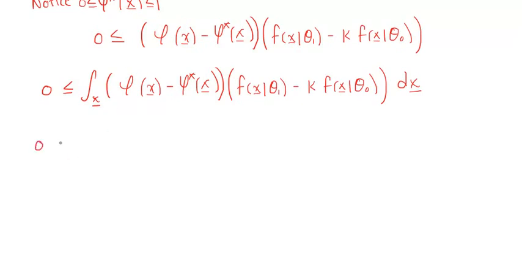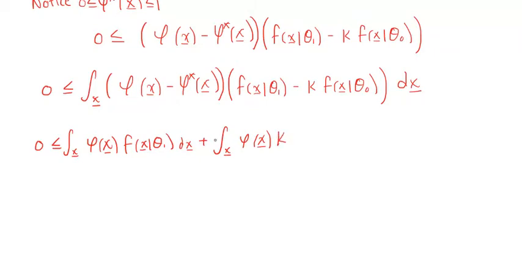We can expand this integral out to see the integral over x of phi of x times f of x given theta 1 dx, plus the integral over x of phi of x times k, so this would be a minus sign, f of x given theta naught dx, and then we would distribute again, negative integral over x of phi star of x times f of x given theta 1 dx.